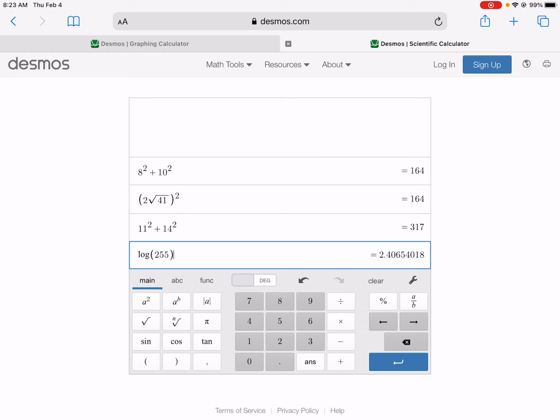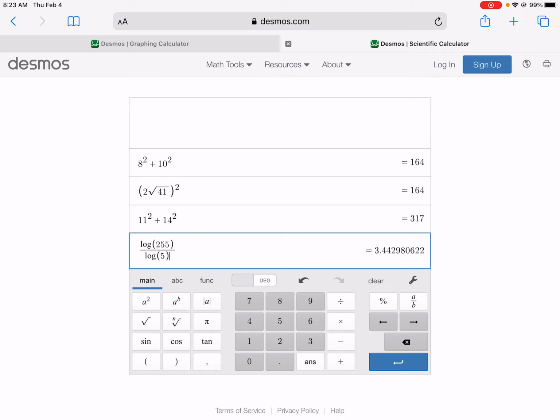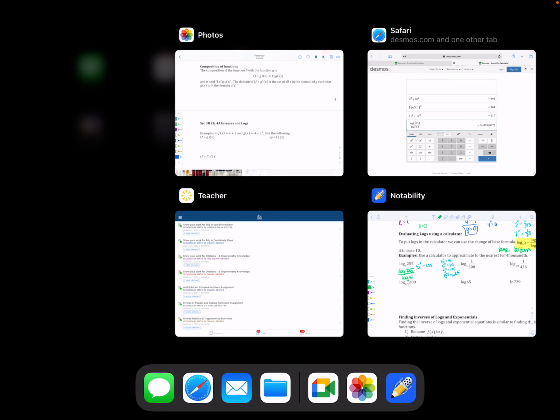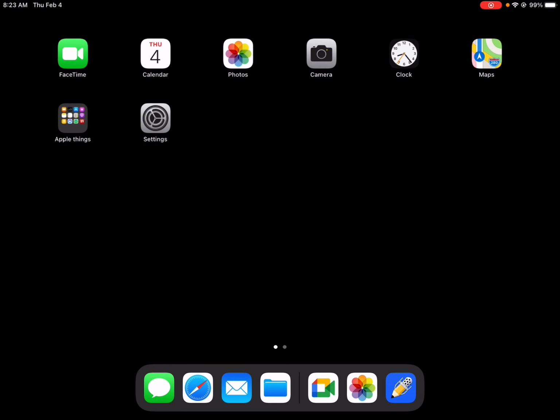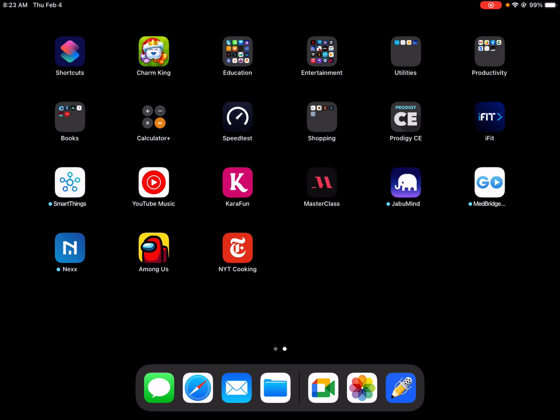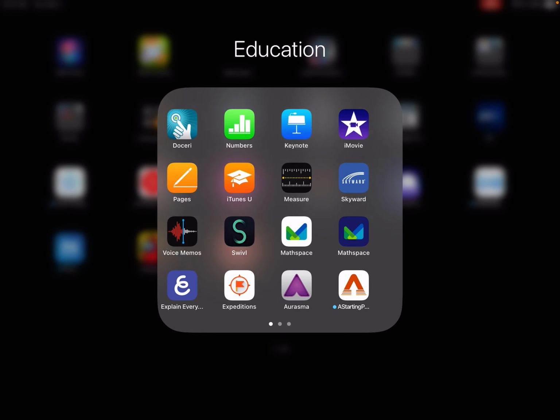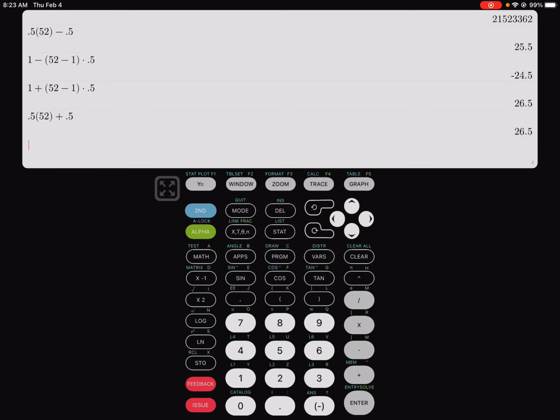So it gives us 3.442980622, and we'll keep going. That would work for all calculators. If you're on your TI calculator, log is left of number 7. So you would do log 255, close your parenthesis, divided by, again, log is left of number 7, log of 5.